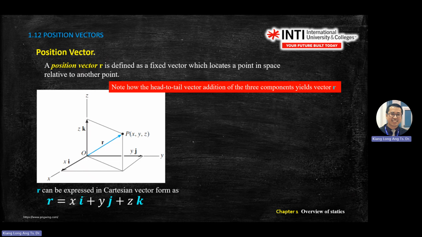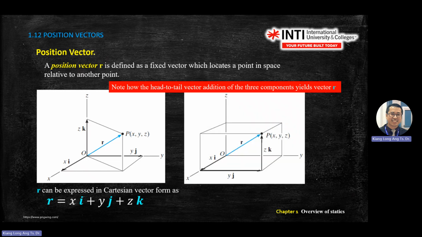So this is actually how you write the x, y, and z vector. It's just that you are adding all the tails together at one point, then you split them into 3 directions. So you transform, you move around the vector, for example from the left-hand side diagram into the right-hand side diagram.